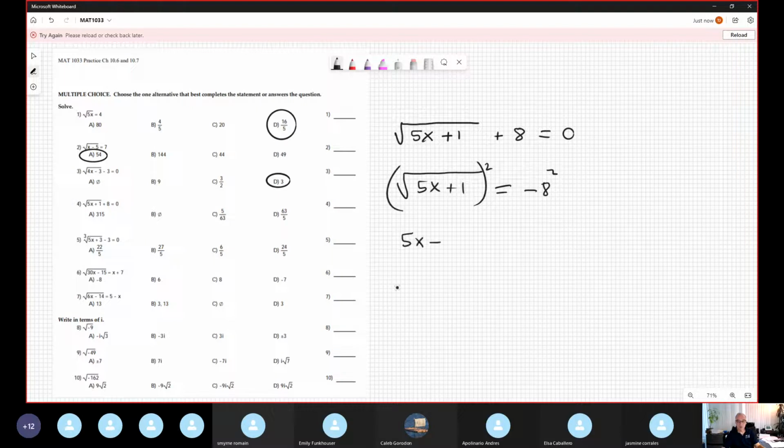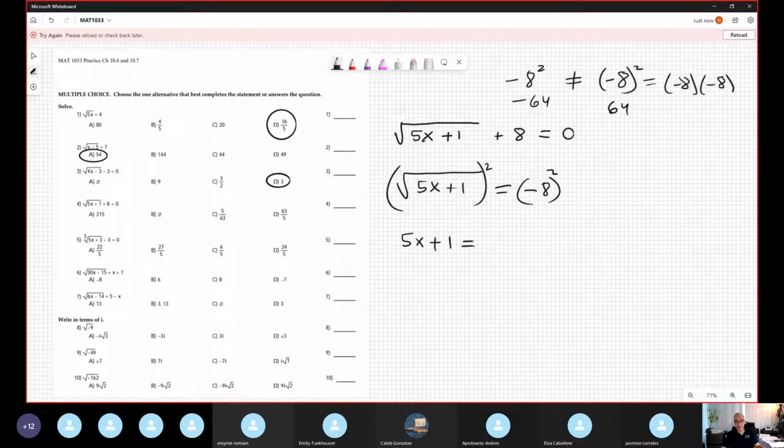5x plus 1 is equal to. Entonces, very, very important. This square involves everything. So it's not equal to negative 8 squared; negative 8 squared is not the same as negative 64. This is negative 64 and this is positive 64. Because negative 8 times negative 8 is positive.